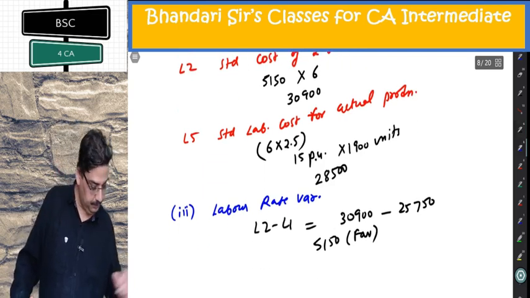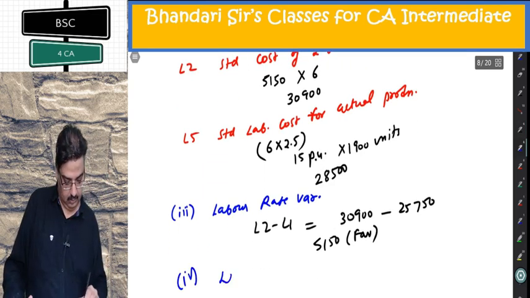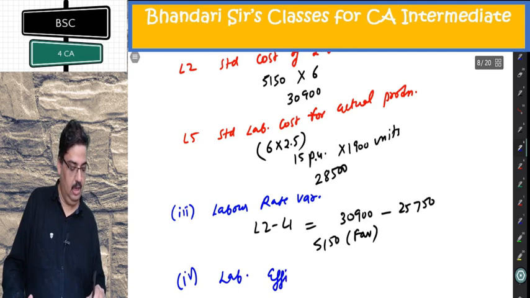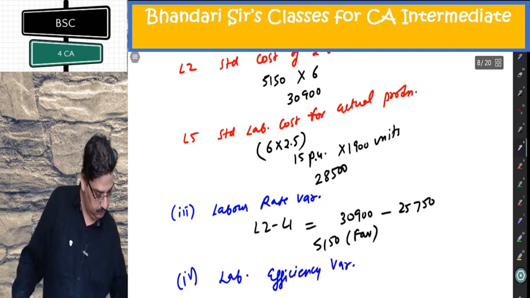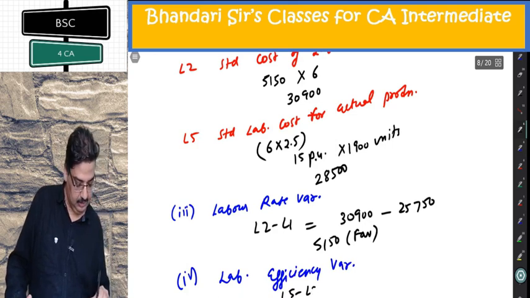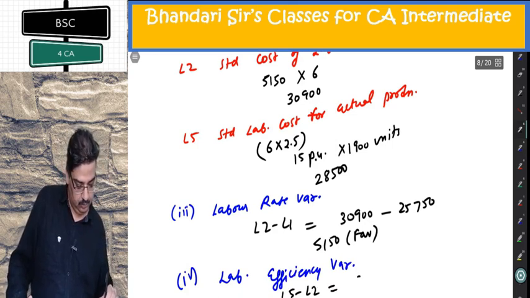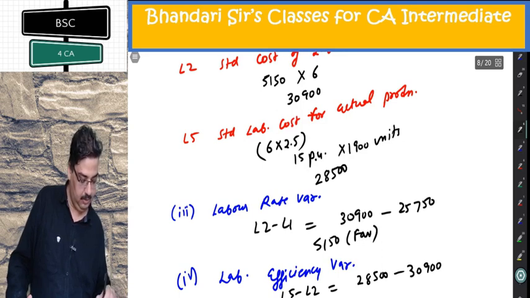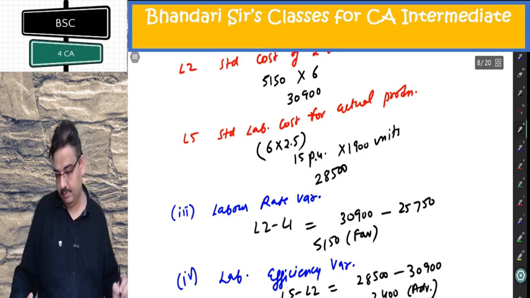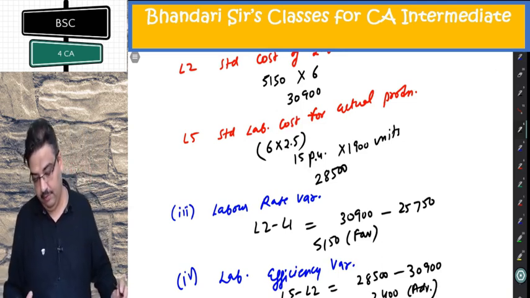Fourth part, labor efficiency variance. This is L5 minus L2. 28,500 minus 30,900. 2,400 adverse.